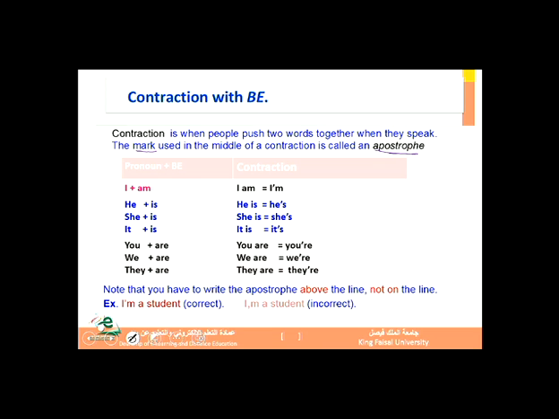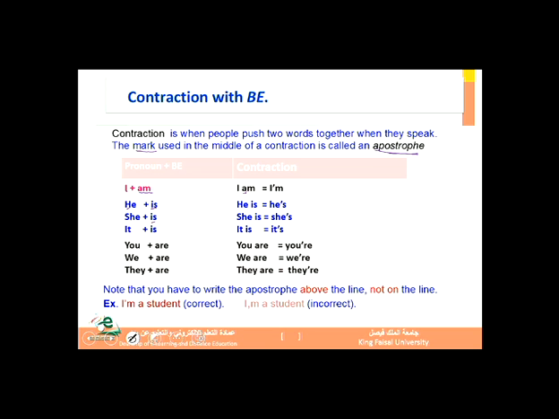Now I would like you to go through those examples with me. This is I, he, she, it. All of them have one form of verb to be. If you look at I with am, they can be abbreviated by deleting the letter a and having an apostrophe instead of it. So rather than saying I am, I would push those two words together and say I'm.